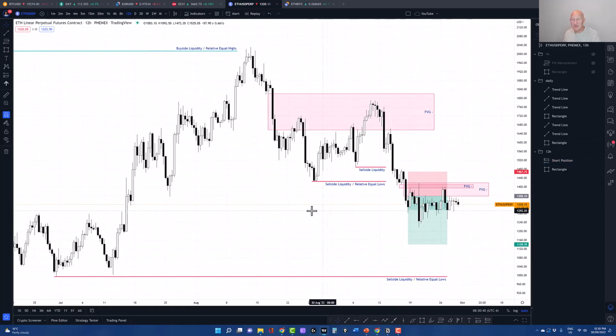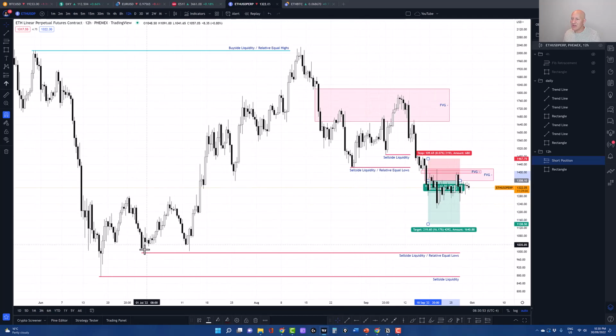And so looking at the same sort of setup again, if we're sort of targeting down into one of these imbalances, or we've got like an order block down here, that's a pretty easy 2R return from there. And if we're going to target the relative equal lows, that's an easy sort of 3.3R return. And if we wanted to hold out even down to these lows from June, that's about a 4.5R return.